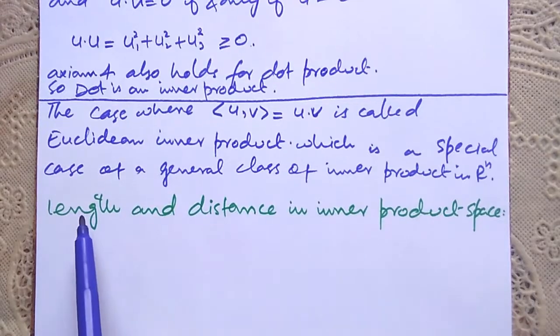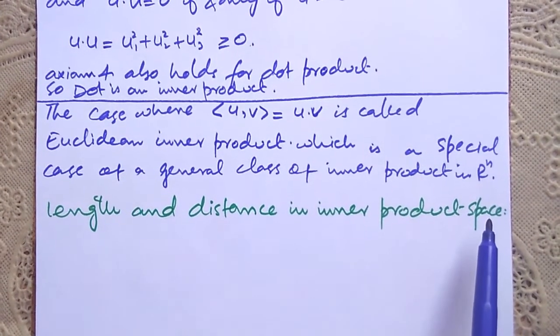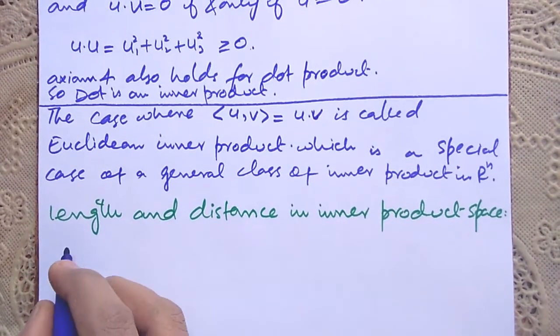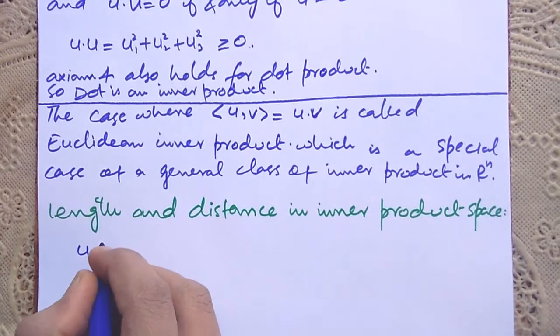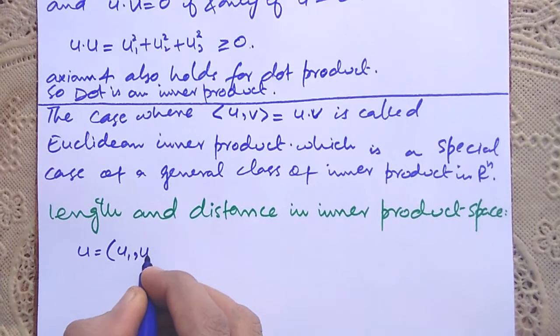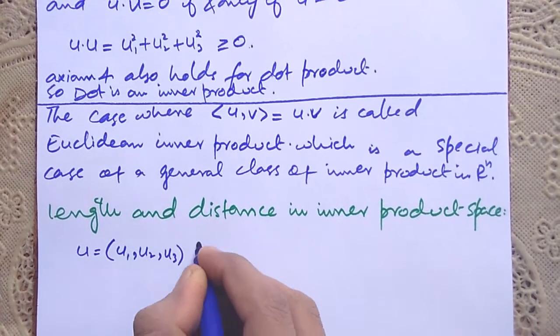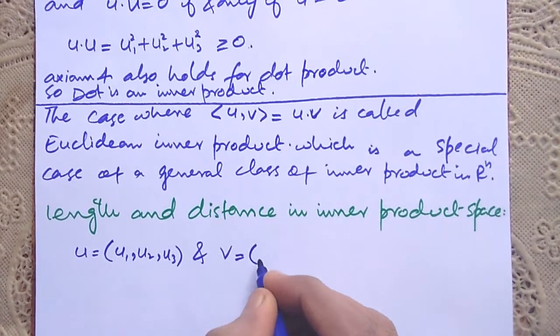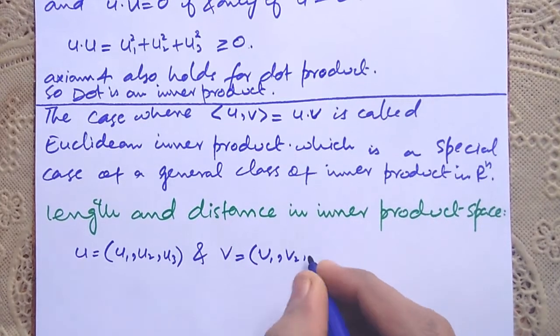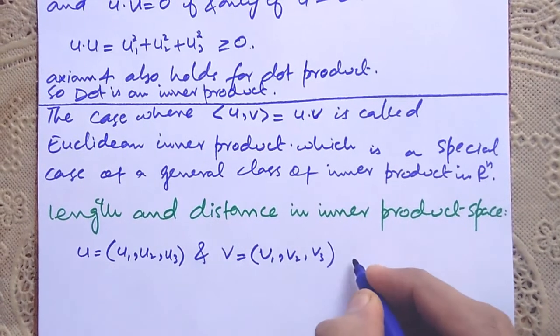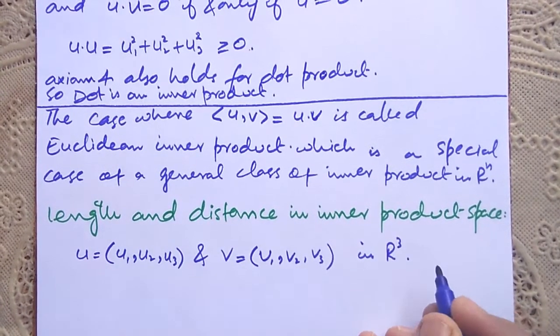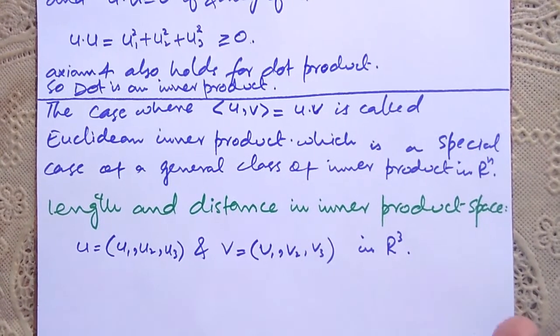Right. Now length and distance in inner product space. So let me have two vectors u and v. Coordinates of u are u1, u2, u3, and vector v, coordinates of v are v1, v2, and v3 in R3. Now how we define the length or magnitude of a vector?